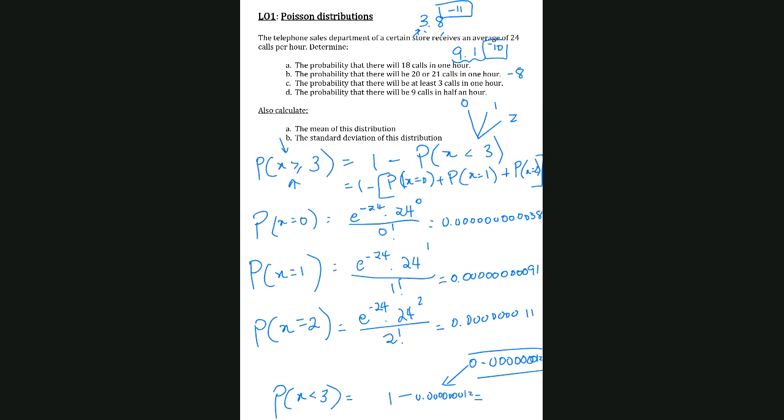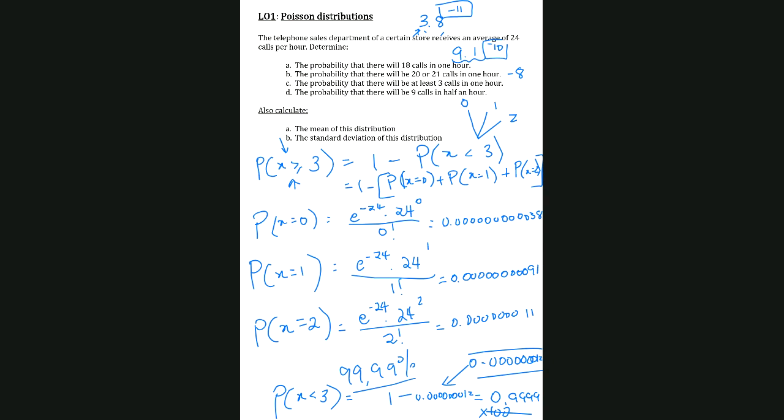So 1 minus the figure that you had totaled, and so that gives you 0.9999, which again you can leave as that if they do ask you for decimals as your final answer. Alternatively, if they ask you for a percentage, you'd multiply this by 100, which would give you 99.99%. So this would be your final answer.